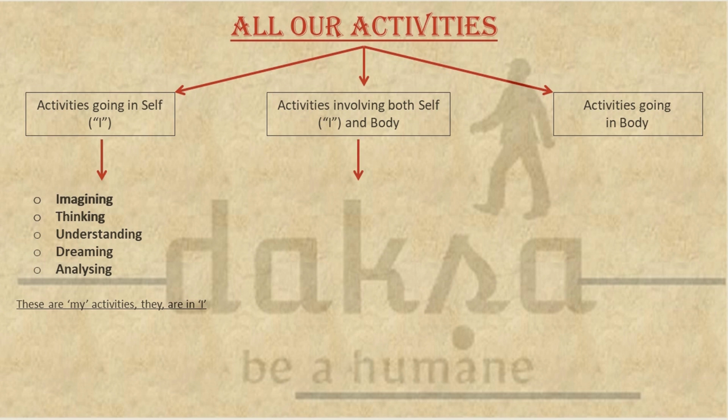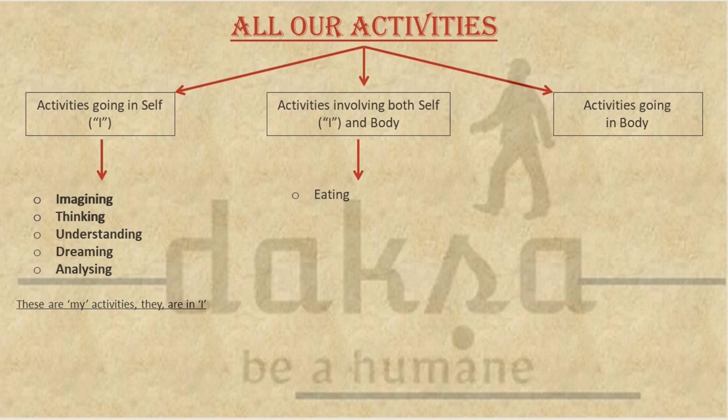Now, let's try to understand the activities involving both the self, I, and the body. Earlier, we understood the activities that only take place in I, but there are some activities in which both I and body are involved. Take the example of eating. I first decide which food to eat, then choose to take the food inside.